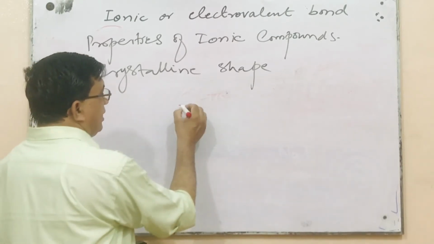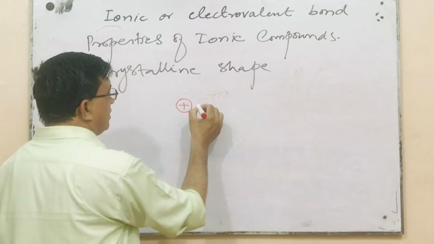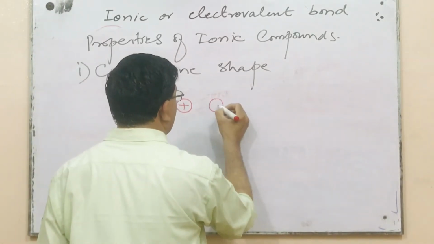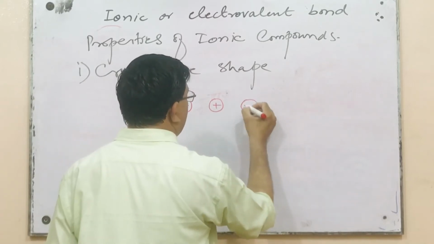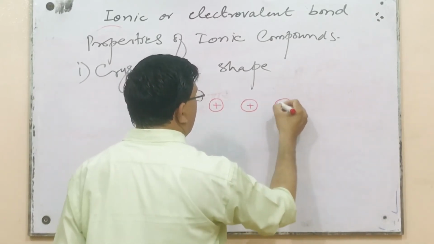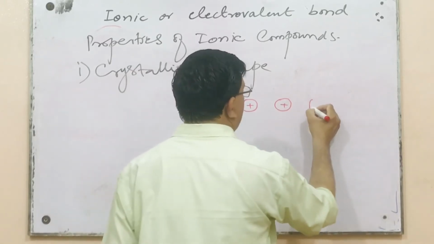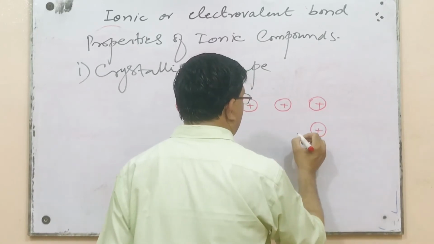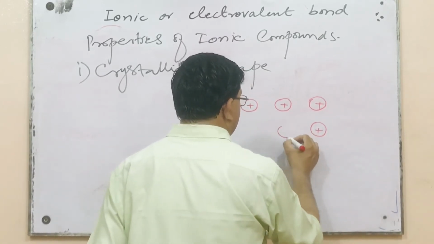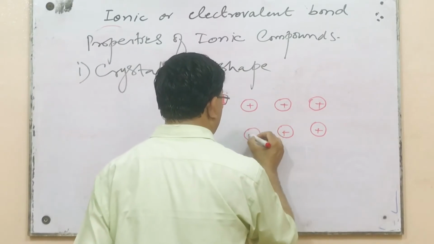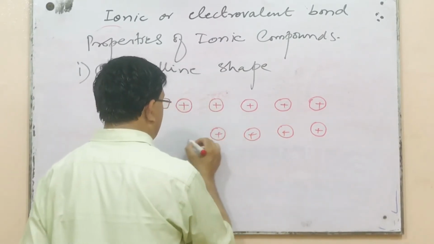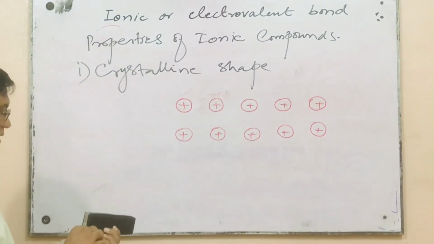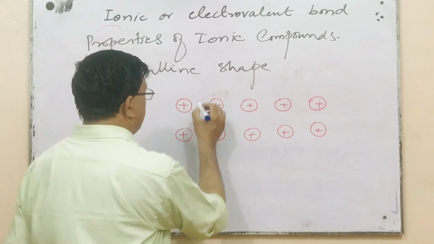Alternatively means if here is a cation, then the next will become an anion. How will these be arranged? These will be arranged just like this.